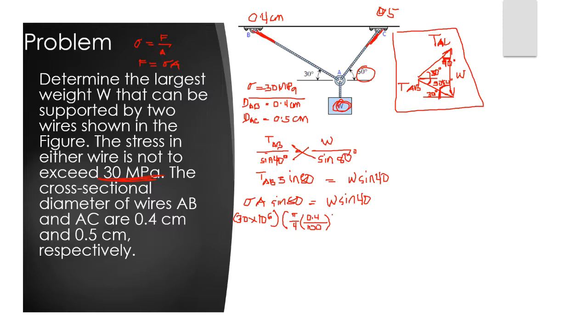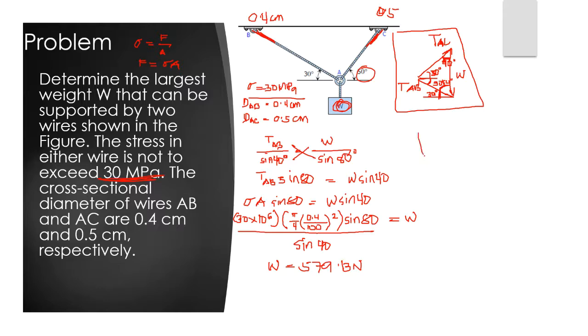Okay, so this is squared, times sine 80. Since we are looking for the W, we'll be dividing both sides by sine 40. In this case, the W here is equivalent to 579.13 Newton. So the wire AB can support up to 579.13 Newton of weight.